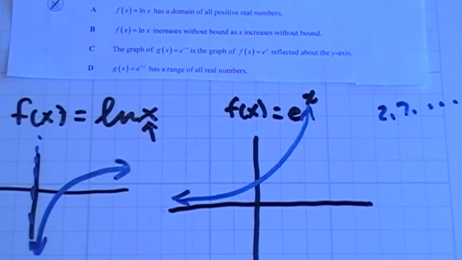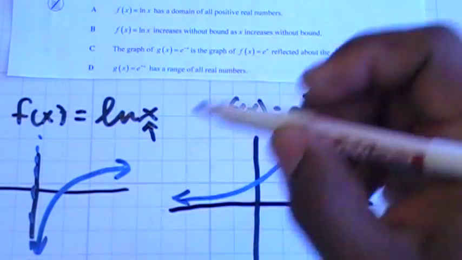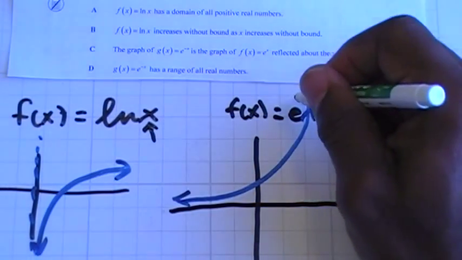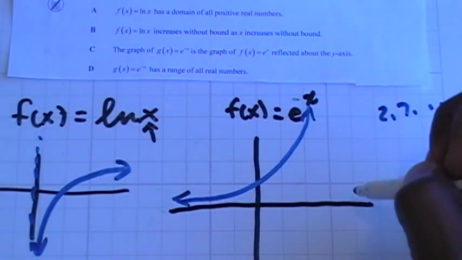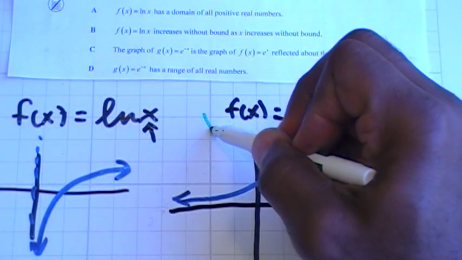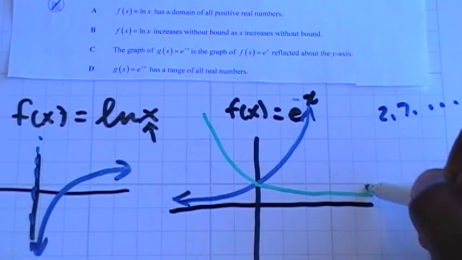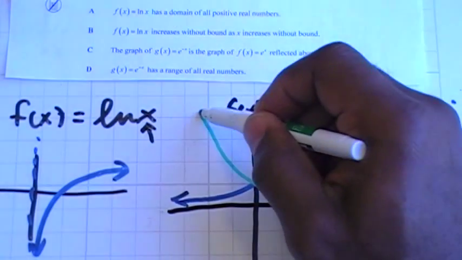If I make the exponent negative, then this will flip my graph along the y-axis, or reflect it, and so I will have that vertical symmetry.